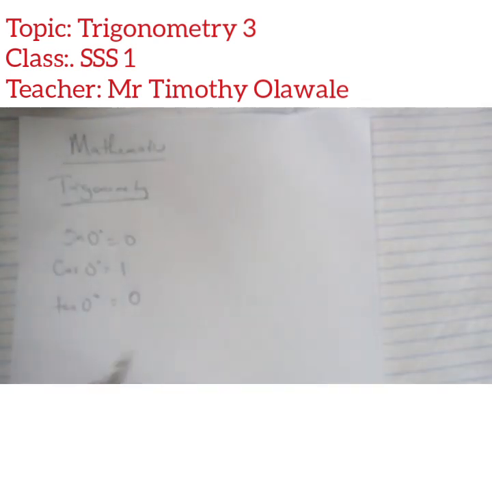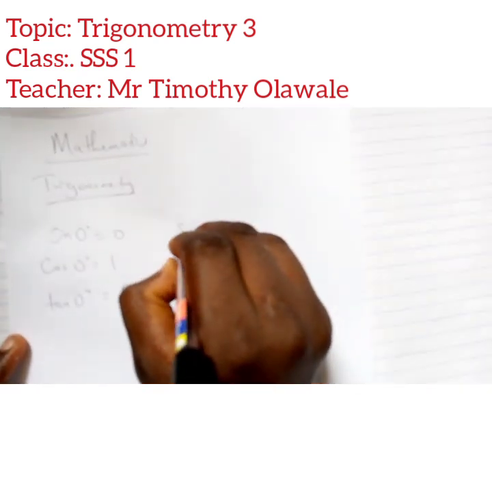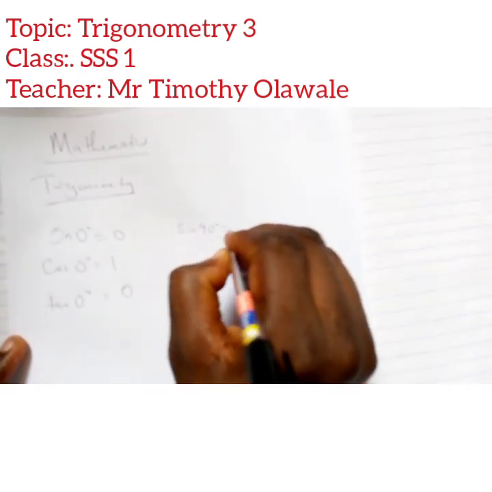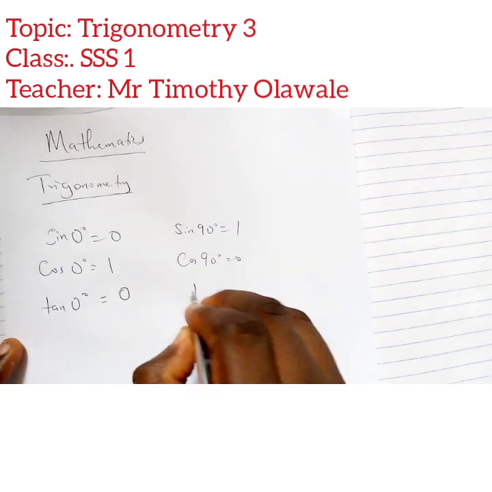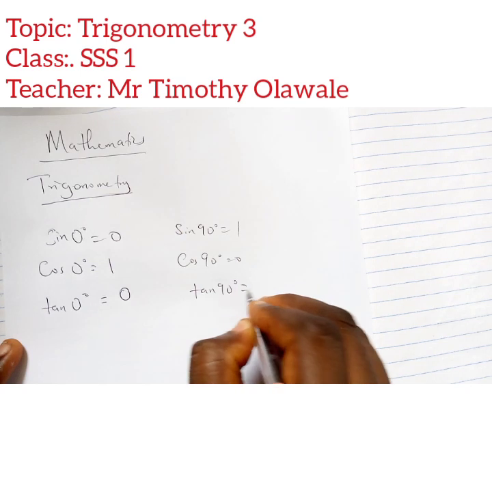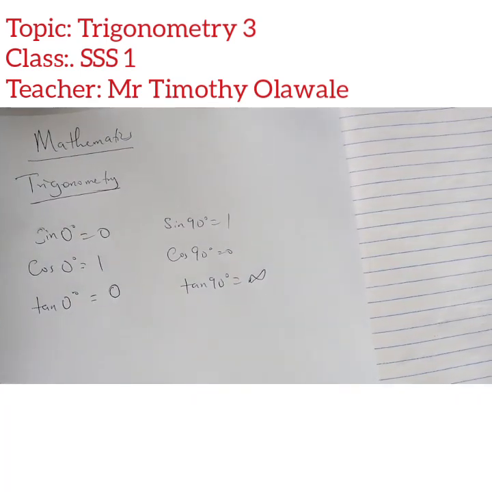And then for 90, sine 90 is 1, cos 90 is 0, and tan 90 is undefined. All right, so that's that.